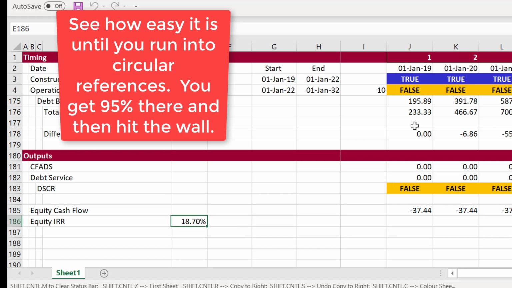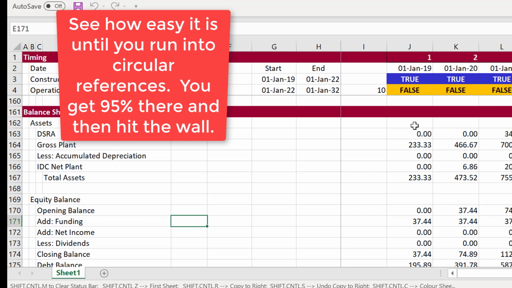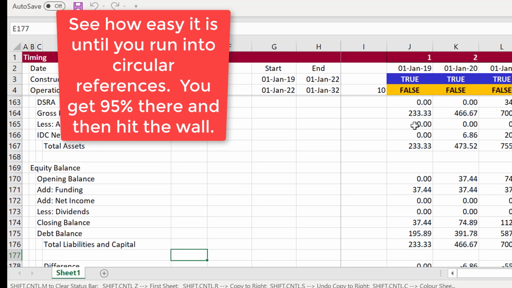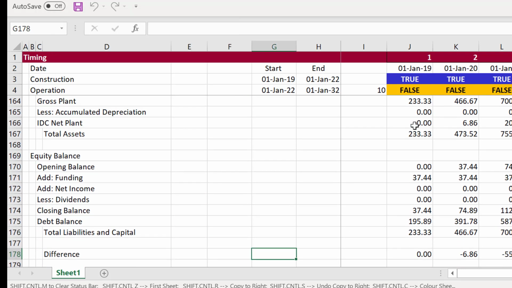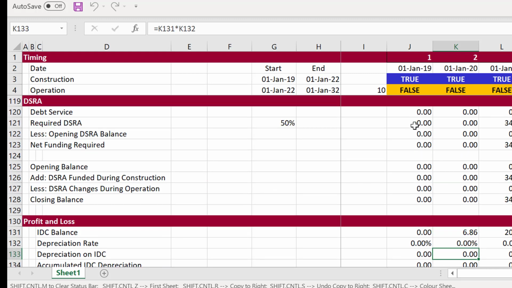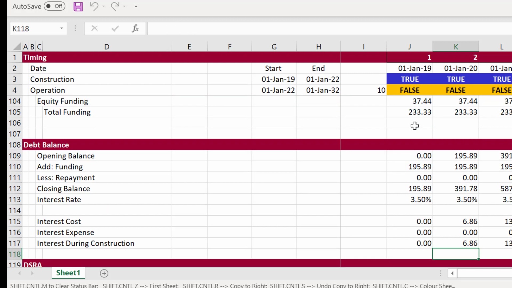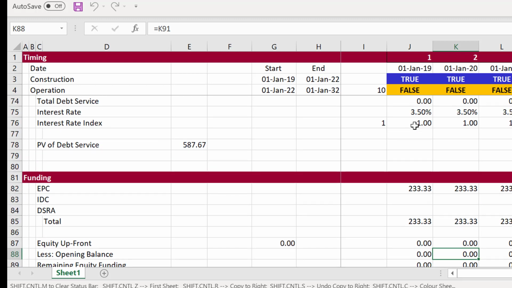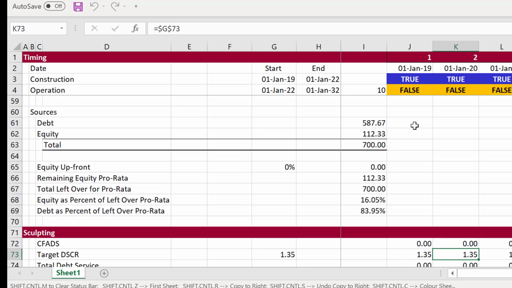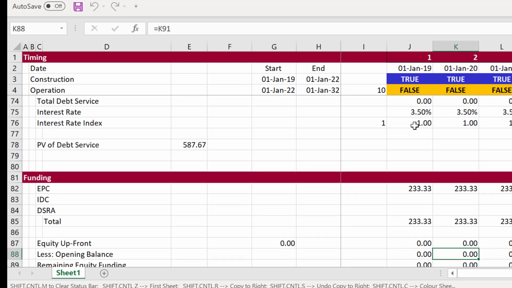Okay, and let's find our error, hopefully easily. Okay, and our error comes in 6.86, which is our IDC, and we didn't put our IDC in the funding section, so that's a pretty obvious one. It told us, oh no, you got to do that.